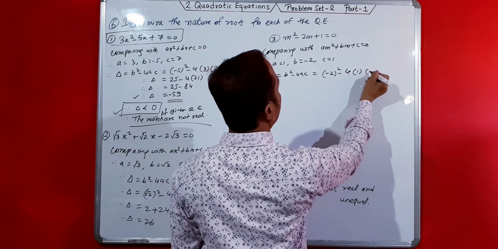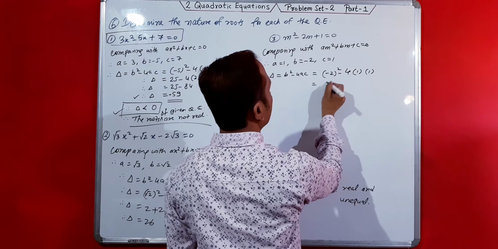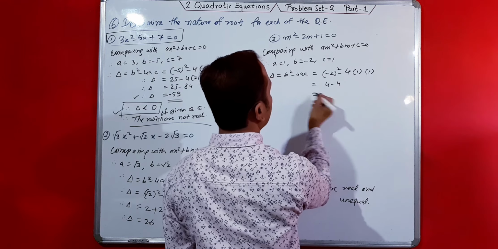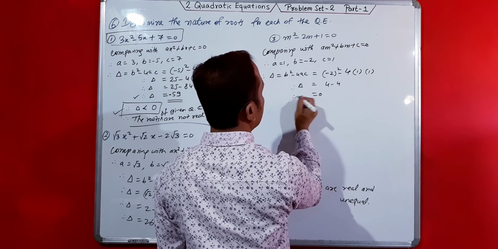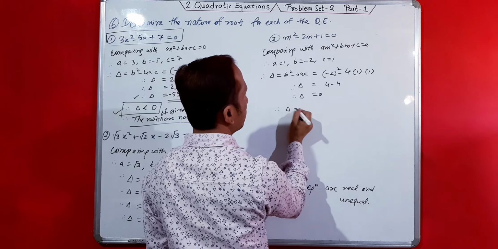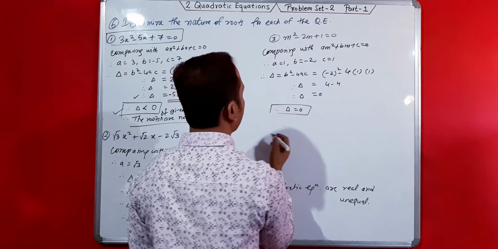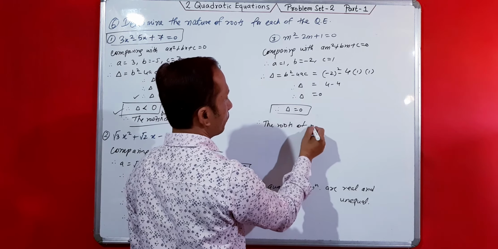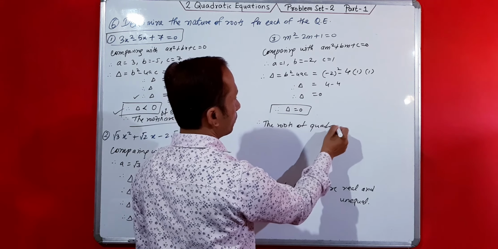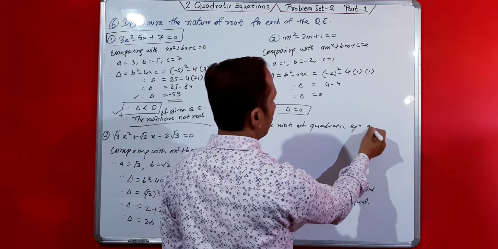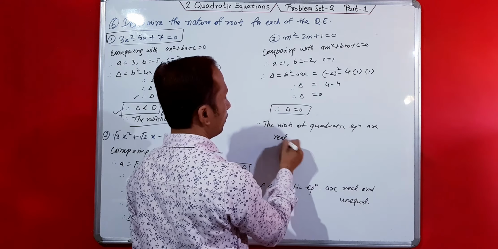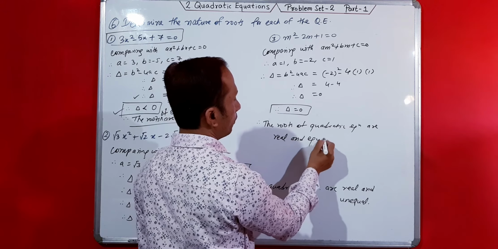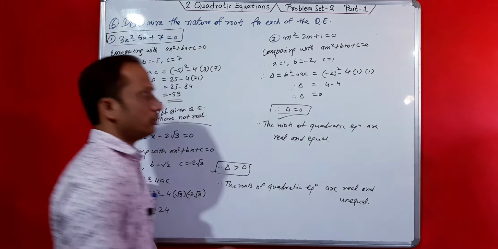A is 1 and c is also 1, so it is 4 minus 4, it is 0. Therefore delta is equal to 0. So the roots of the quadratic equation are real and equal. Whenever you get delta is equal to 0, the roots are real and equal.